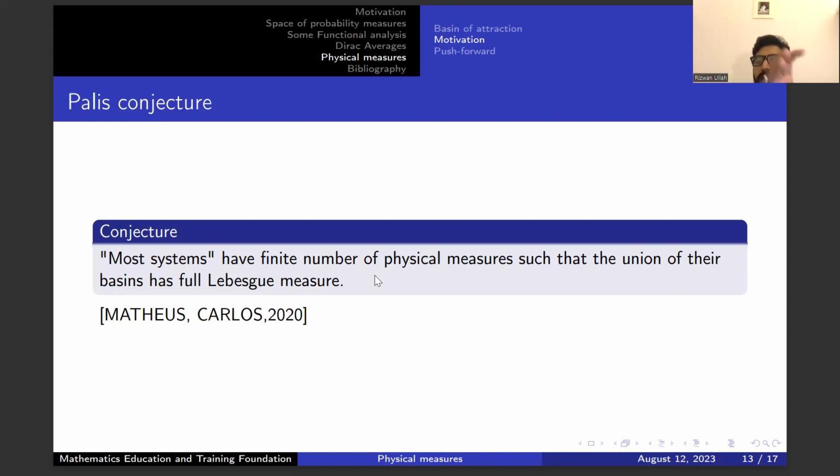So you combine all the basins, it's covering the whole space. When it's covering the whole space, for every point you have a physical measure, and you can describe the behavior of the orbit and properties of the orbit with the help of that physical measure.